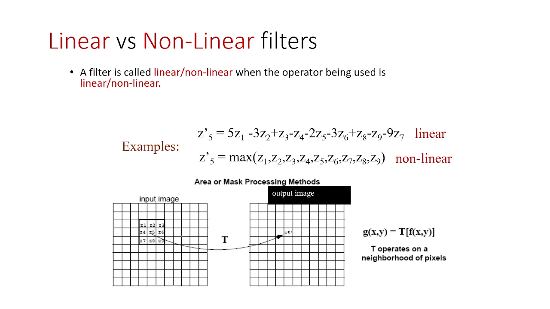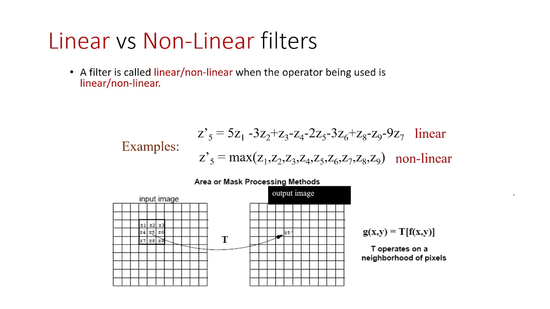In the non-linear method, the entire image, that is Z1, Z2, Z3, Z4, Z5, Z6, is the input image. The mask is used to find the maximum of that and then use it with the mask. So these are the two methods used for spatial filtering, linear and non-linear.